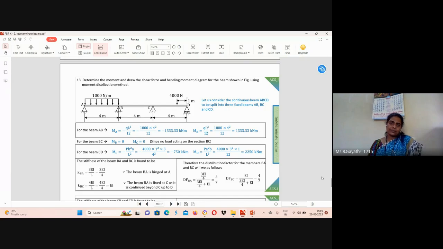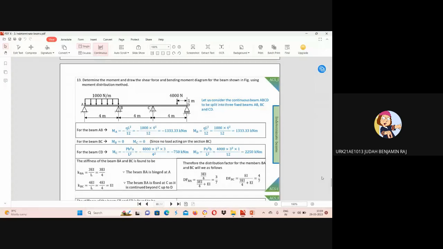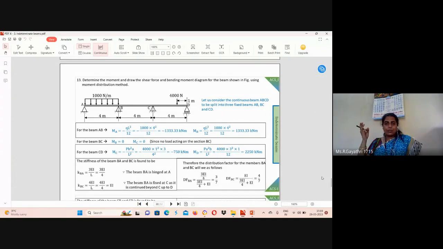Okay, next ABC formula. ABC: no loading over span BC, so we can ignore it, ABC value is 0. Correct. We can ignore the next term. Please substitute everything.